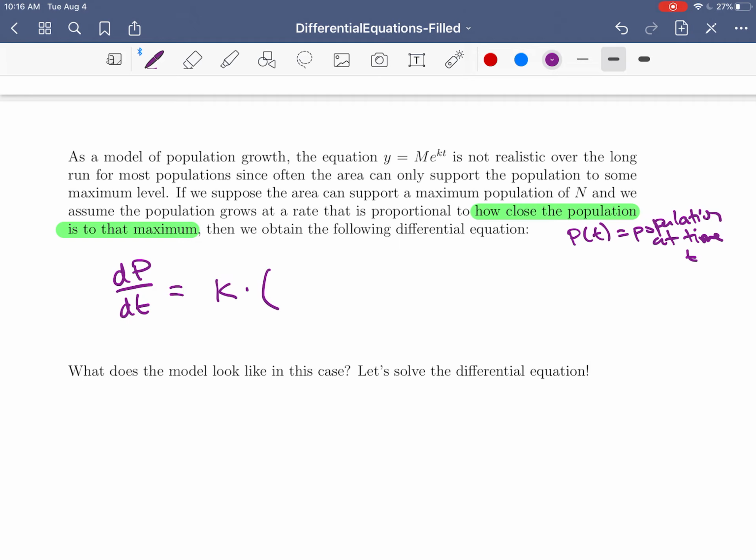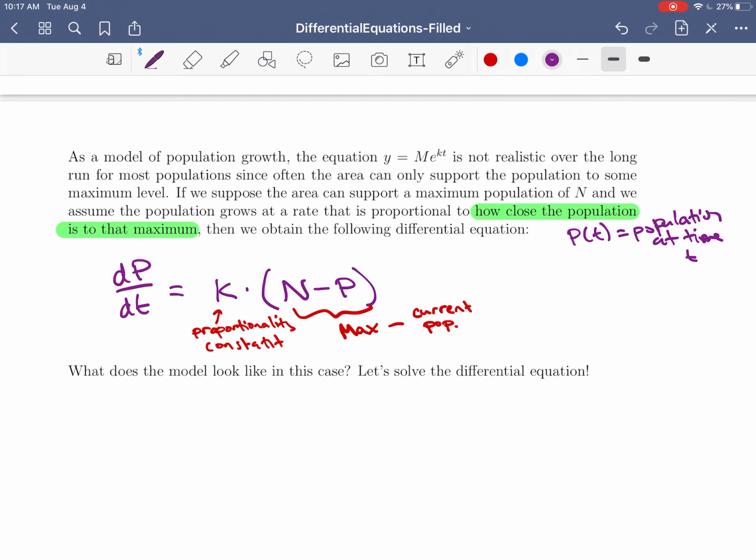What that's going to be is the maximum minus the population size. So this is our proportionality constant, but the thing that we're proportional to is how close we are. That's the max minus the current population. That's going to tell us how close we are to that maximum.